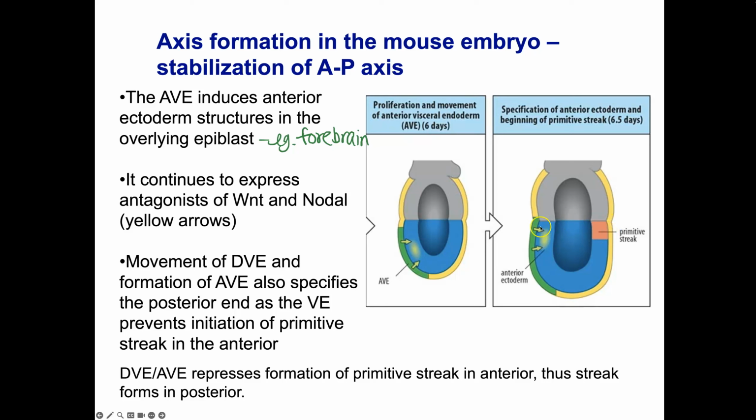Primitive streak formation is inhibited by the DVE and AVE, which means the streak is kind of forming at a default position and marking the posterior.